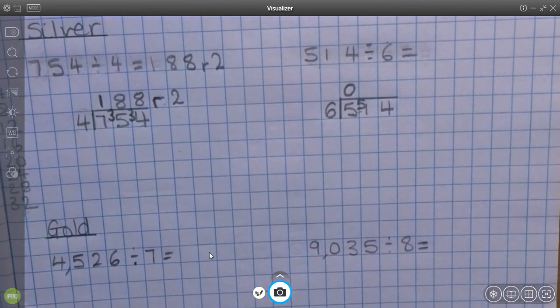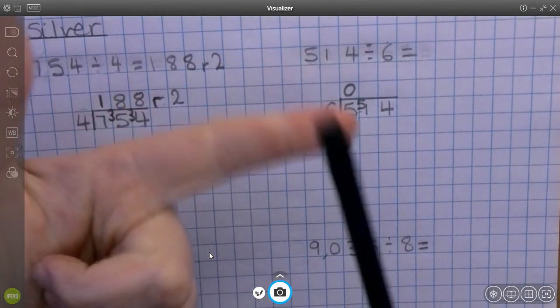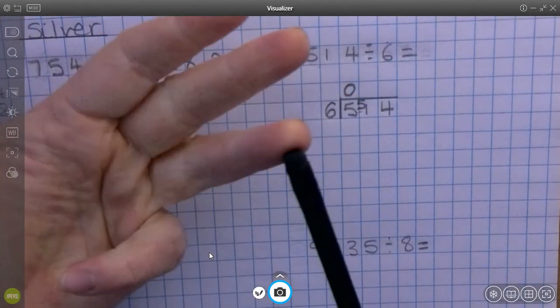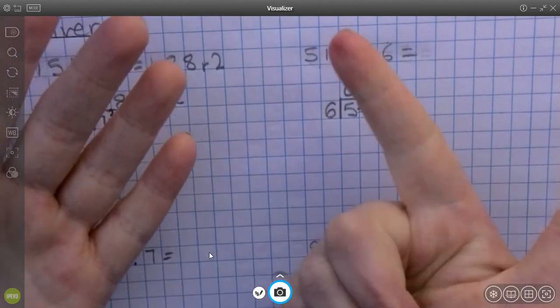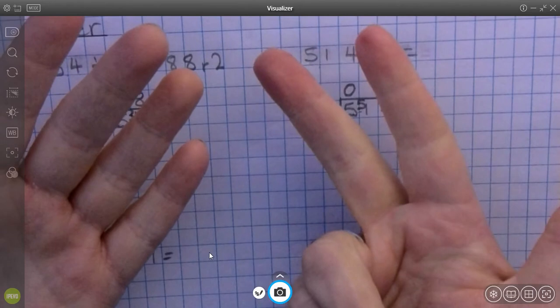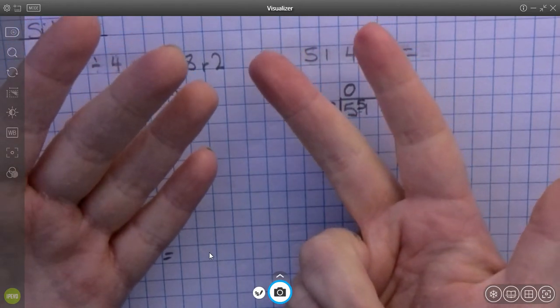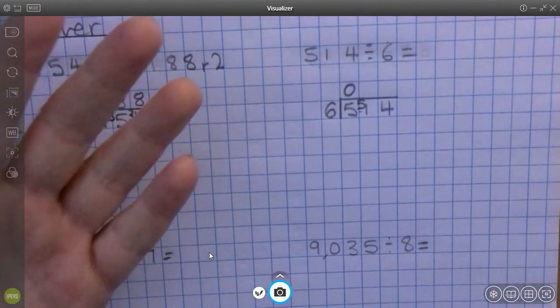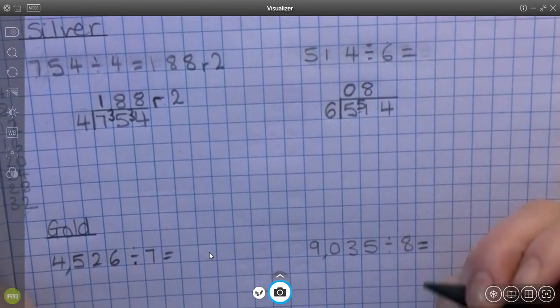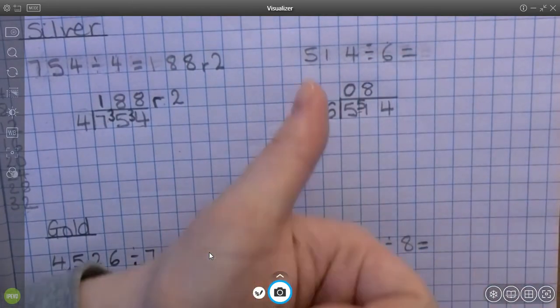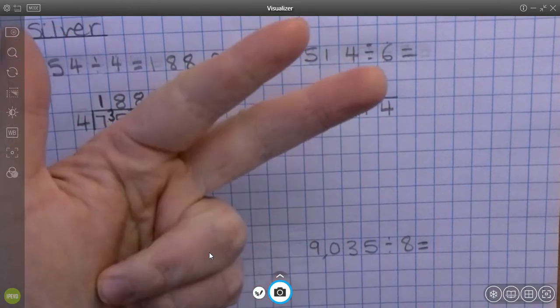So you're going to have to use your times table knowledge again here. So 6, 12, 18, 24, 30, 36, 42, 48. So I know 8 times 6 is 48. So I can get 8 groups with how many left over? 48, 49, 50, 51.